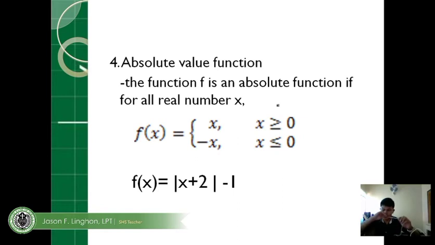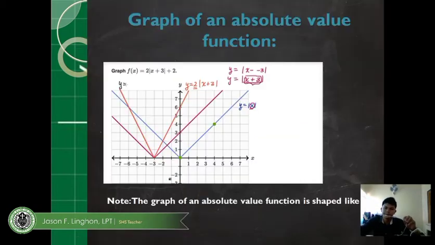So, to clear, no? Malalaman natin kapag absolute value function siya kapag meron siyang ganitong sign. Okay? Itong dalawang L na to. Okay? So, pag may ganyan, meaning that is an absolute value function.